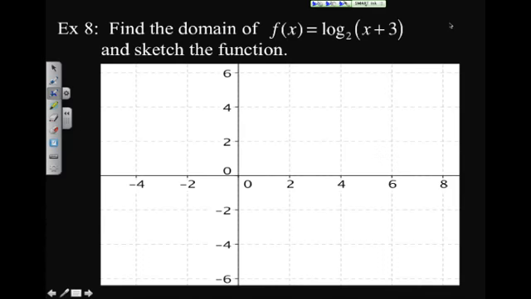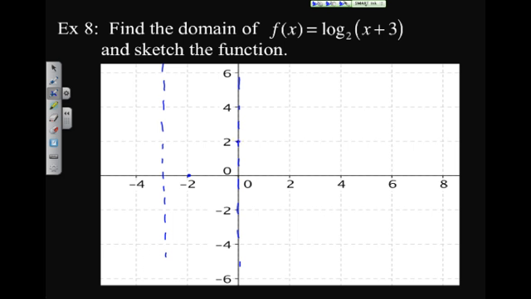So looking at this one, find the domain. Think about, again, the transformation here. This one is moving to the left 3 units. So instead of the asymptote being right here at 0, it's back here at -3. And everything is shifted to the left 3 spaces. So this is going to be here.